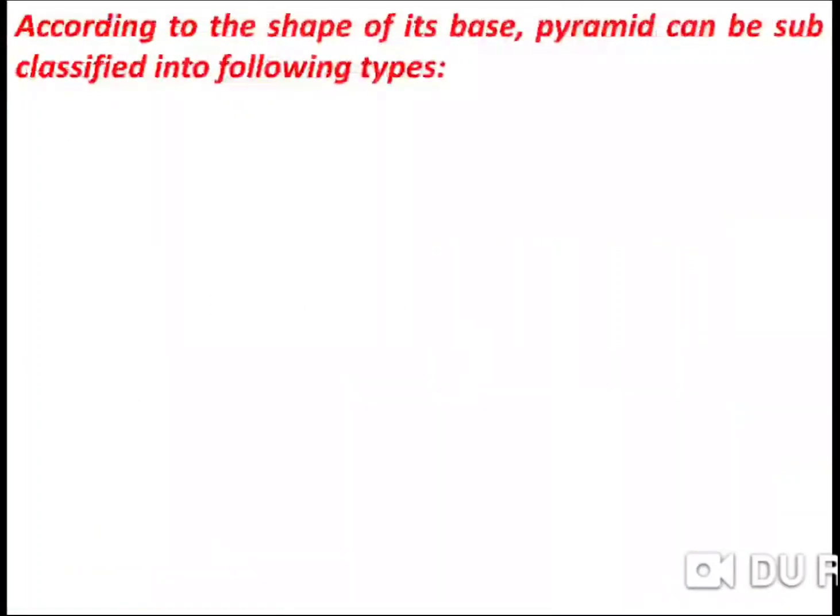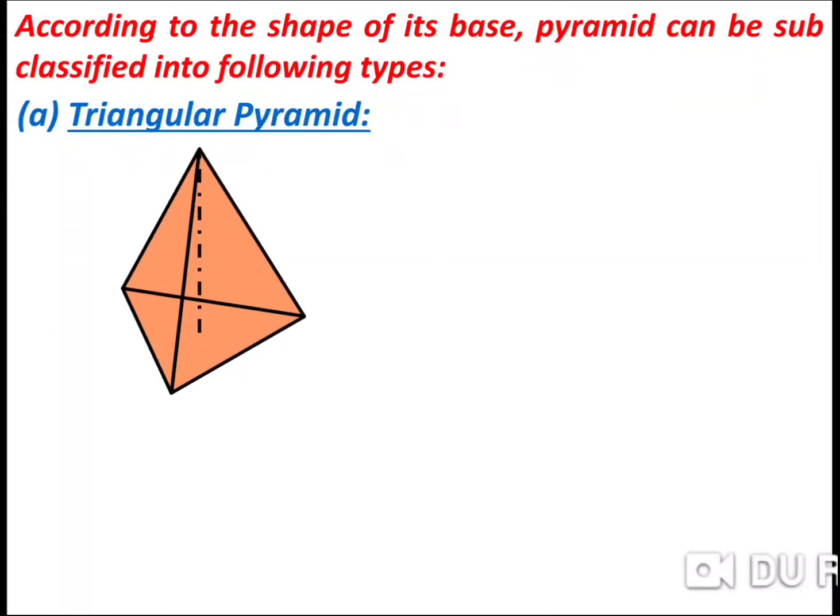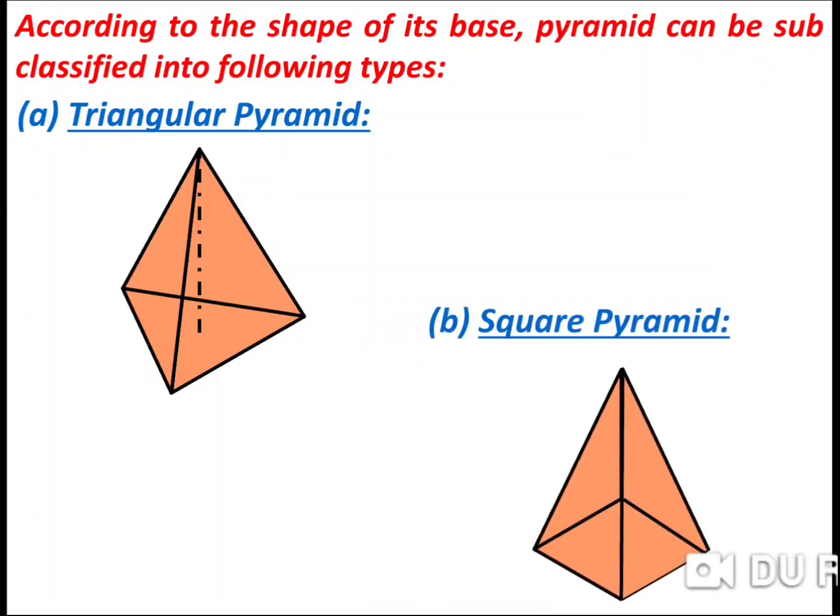According to the shape of its base, a pyramid can be sub-classified into the following types. Triangular pyramid: the base is a triangle, 3 isosceles triangles meet at one apex at the top. Square pyramid: base is a square, 4 triangular side faces.